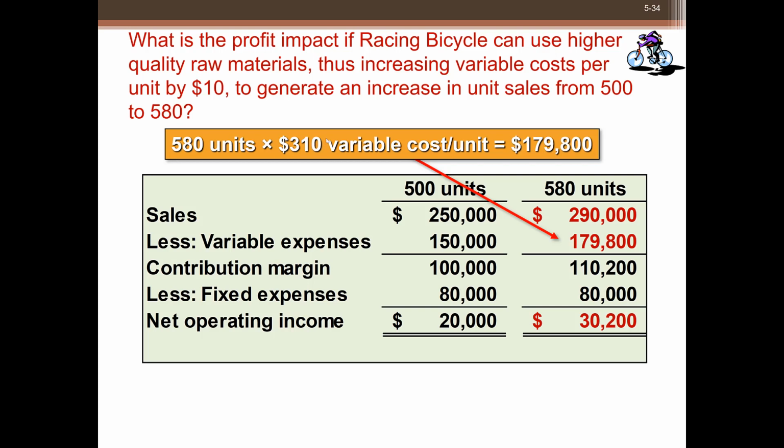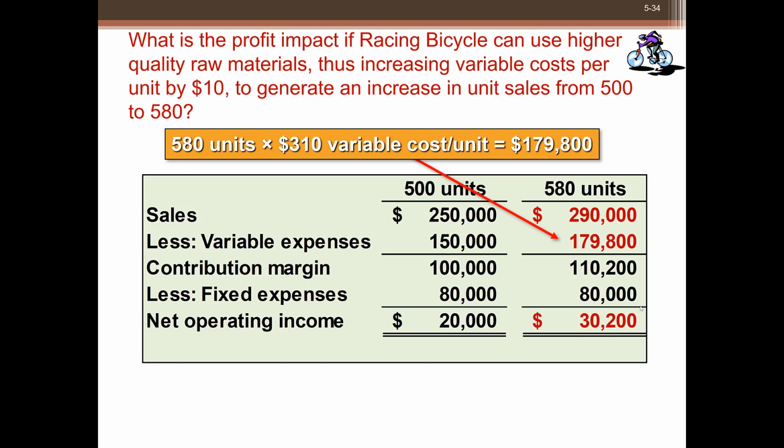We use $310 multiplied by 580 units. You can get total variable expenses of $179,800. The difference is contribution margin minus fixed expenses. Fixed expenses do not change.